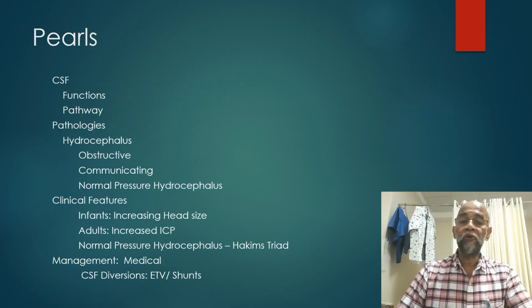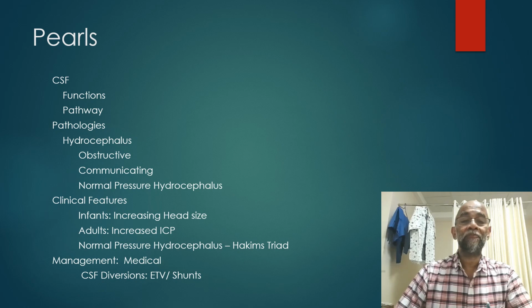So for a quick overview, the functions of CSF include protecting the brain, cushioning the brain, and buffering the brain from trauma against the bone. It also has a physiological role in the washing out of metabolic products. The CSF pathway starts at the arterial end in the lateral ventricles by the choroid plexuses.